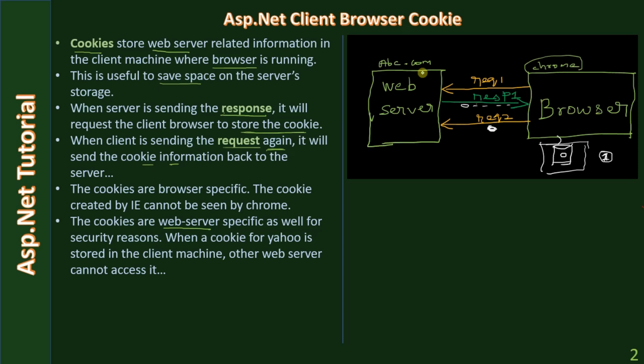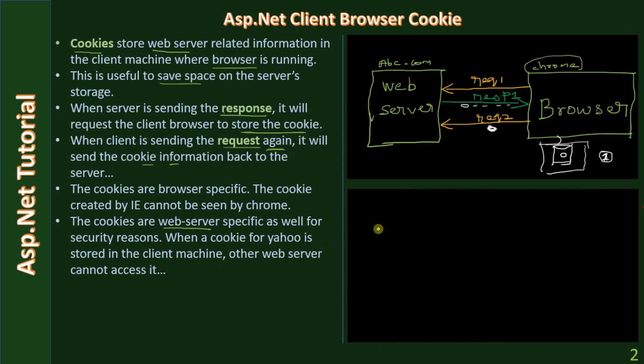So this abc.com web server can access the cookie which is specific to abc.com. If there is some other website, yahoo.com, when you are browsing through it, yahoo.com cannot claim the cookie stored by abc.com. So that's what we are stating here: the cookies are web server specific as well, for security reasons. When a cookie for Yahoo is stored in the client machine, another web server cannot access it.